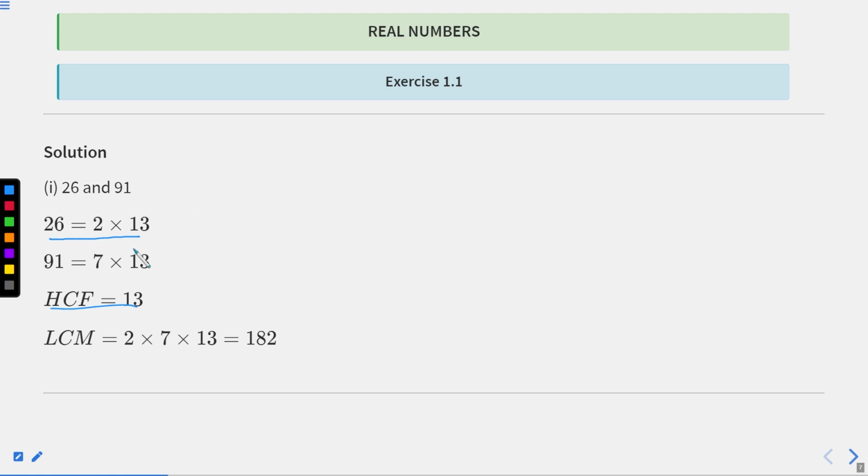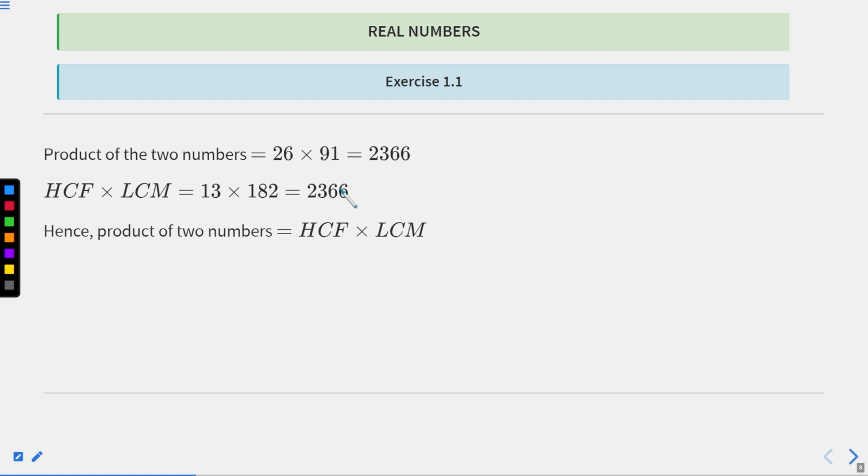So the HCF of 26 and 91 is 13, and the LCM is 182. Now the product of the two numbers, 26 into 91, is equal to 2366.